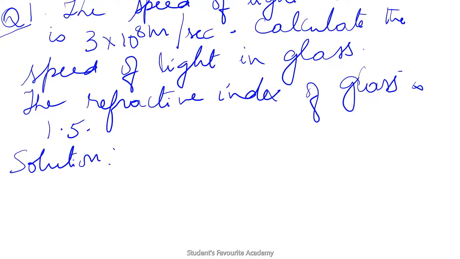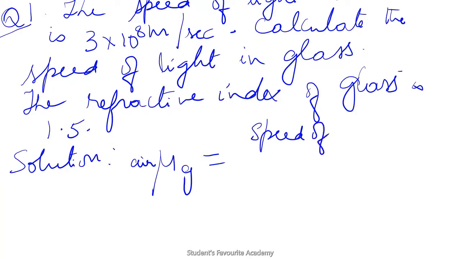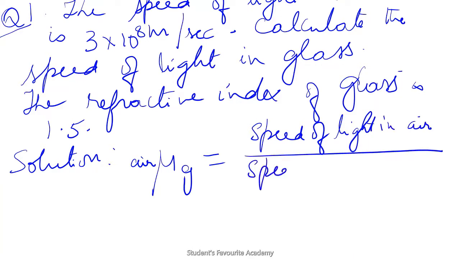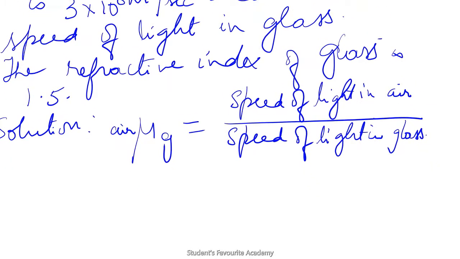So refractive index of glass with respect to air is equal to speed of light in air upon speed of light in glass. So it implies refractive index is 1.5.